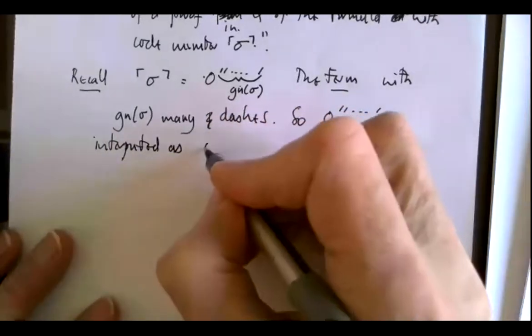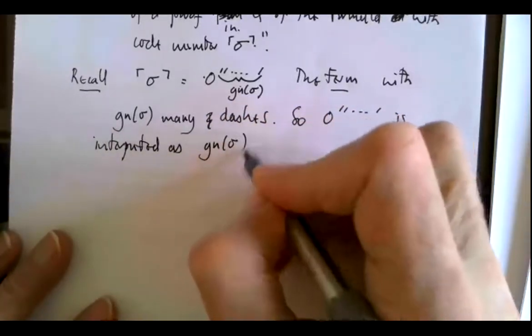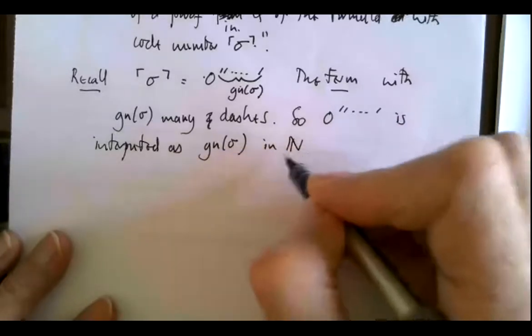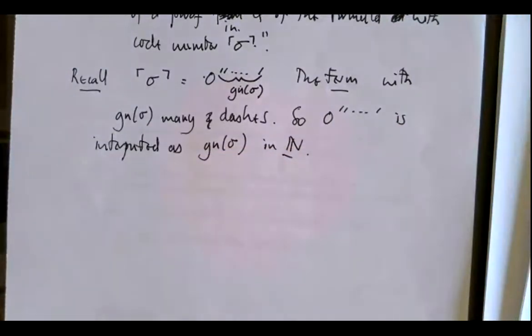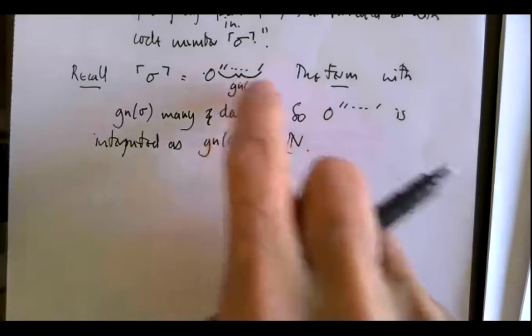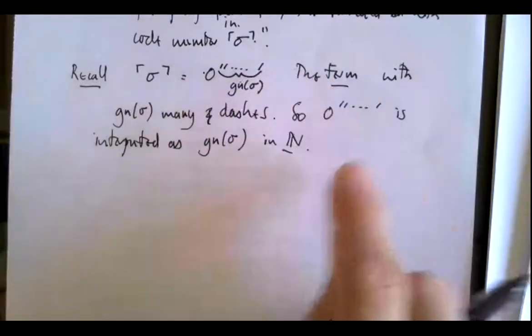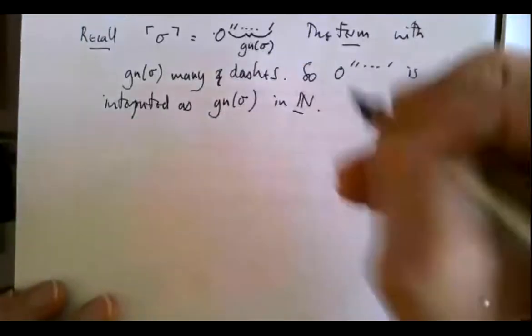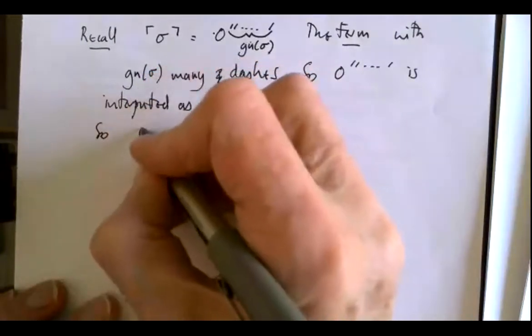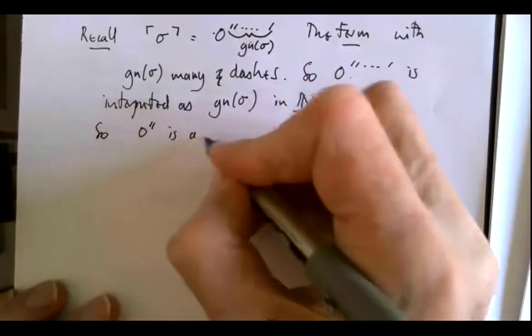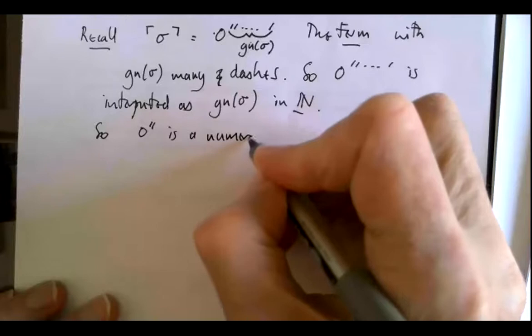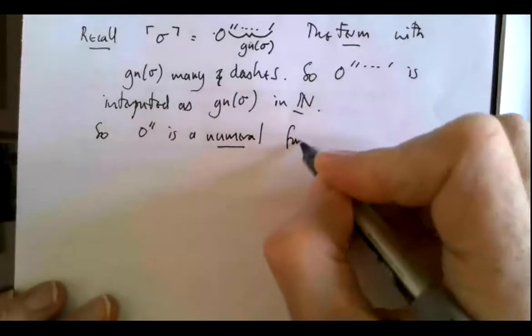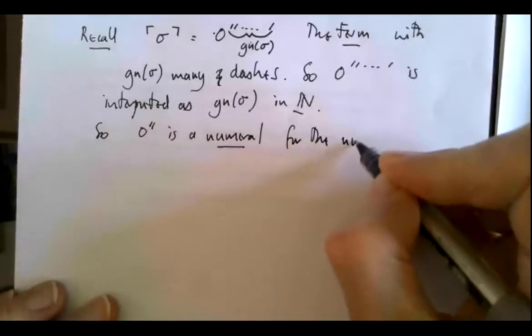This is interpreted as the Gödel number of sigma in the natural number structure. So I think of this as a numeral for this number, for example the number 2.